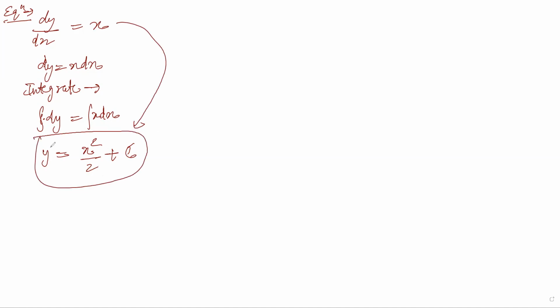This is the solution of this differential equation. Now, if you differentiate this whole equation with respect to x, you will get dy by dx is equals to x. Let's differentiate it once. So if we differentiate it with respect to x, this will become dy by dx, right? This x square with 1 by 2 will be 1 by 2 into 2x plus c will become 0, right?